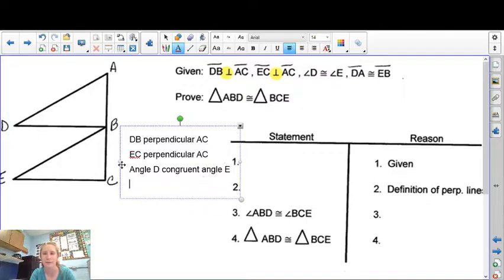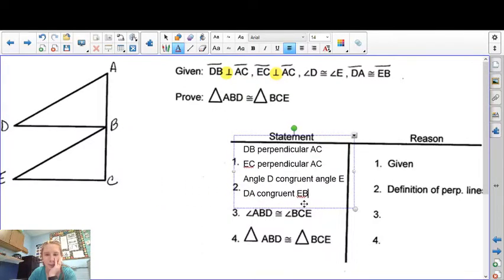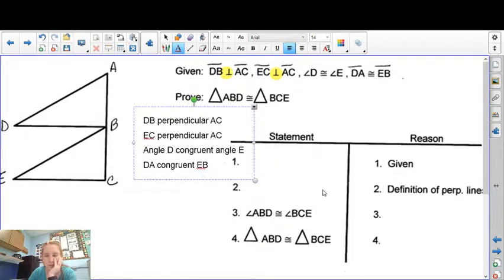And lastly, DA congruent to EB. Yeah, it does take up both spaces. Okay, so this is all of one. Again, write as small as you can. Sorry, I can only do so much with what I'm given.